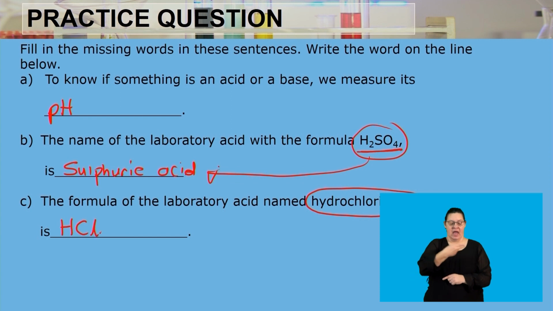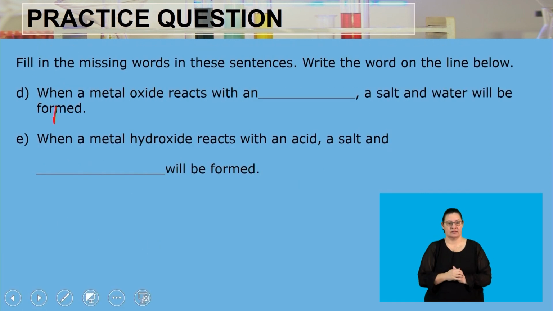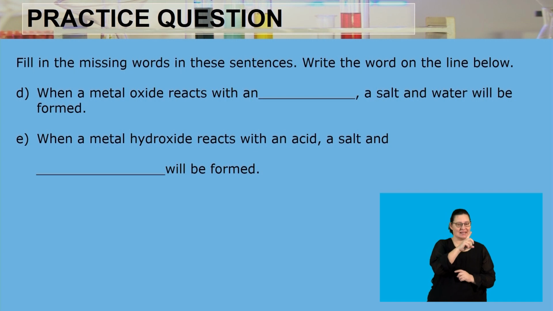So it's HCl. It's capital letter H, capital letter C, but small letter l. Remember, hydrogen and chlorine react together to form HCl, which is hydrochloric acid, and that is an example of also a strong acid.